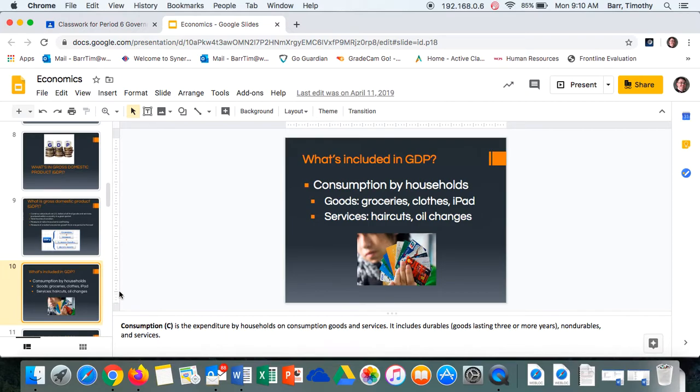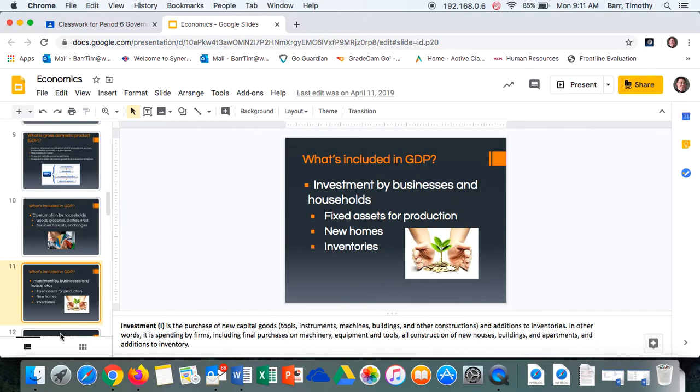So, consumption is consumption by households: groceries, clothes, iPads, whatever. And services: getting haircuts, getting your oil changed, having the cleaners come in. All examples of consumption. Okay, investment, that's investment by businesses and households.